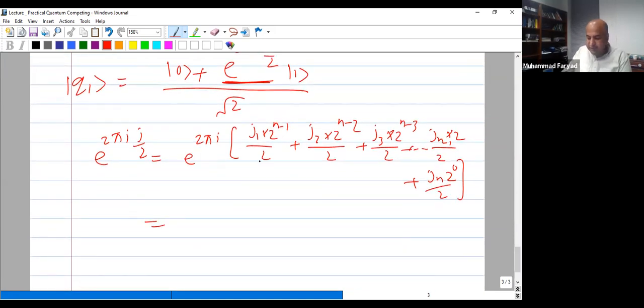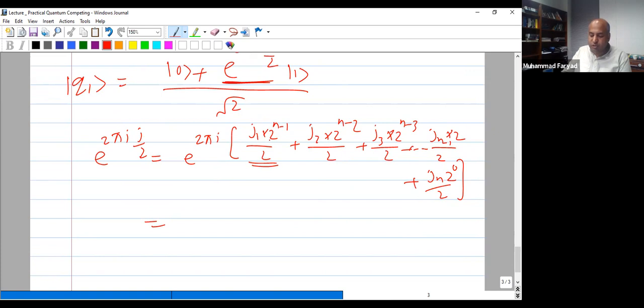Now we see that this number is going to be an integer, because this j1 is integer, and this is like 2 power n minus 1, and let's say n is 3. So this is 2 power 2, which is 2 square 4, and 4 divided by 2 is an integer. So if this is 3, then 3 minus 2 is 1, so 2 goes with 2.